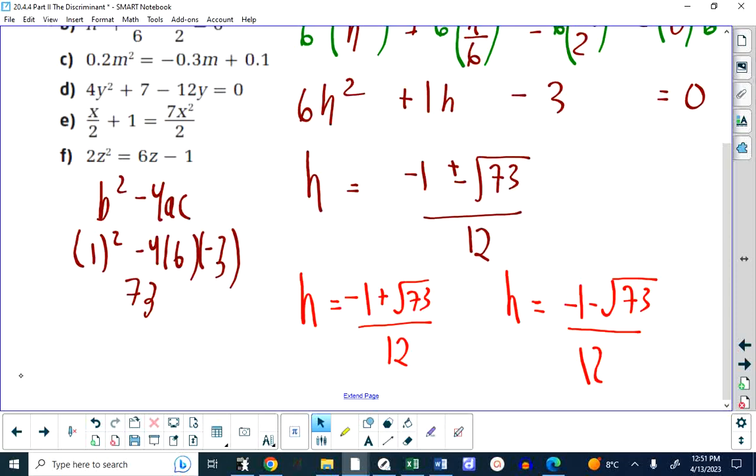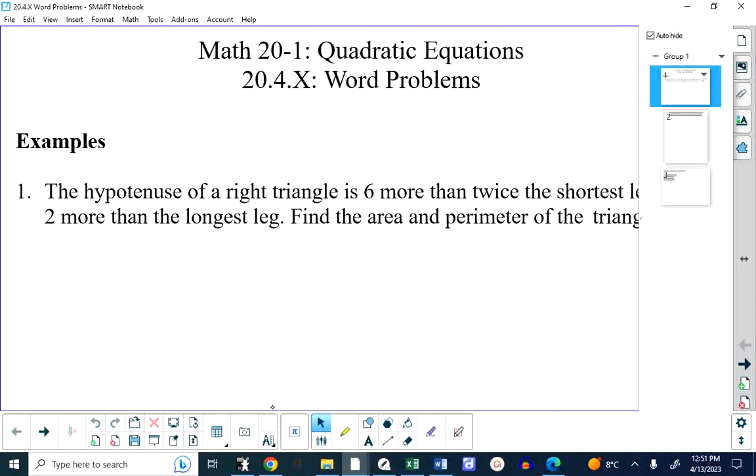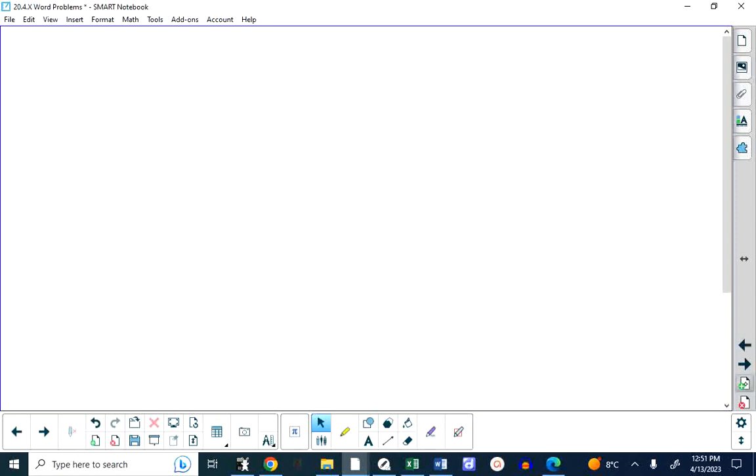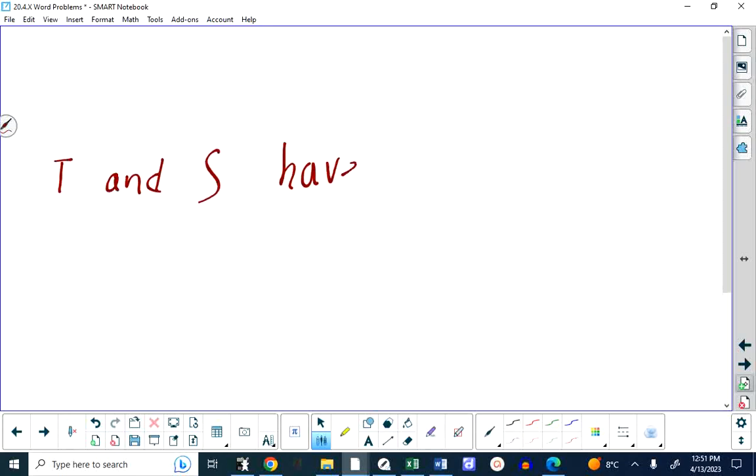As I said, what we're doing today is not new. There's nothing in this that's new. The difference is, you've been dealing with word problems since junior high math, maybe even in elementary math, and the word problems start off as something very, very simple, like, I don't know, Tom and Sally have $14.